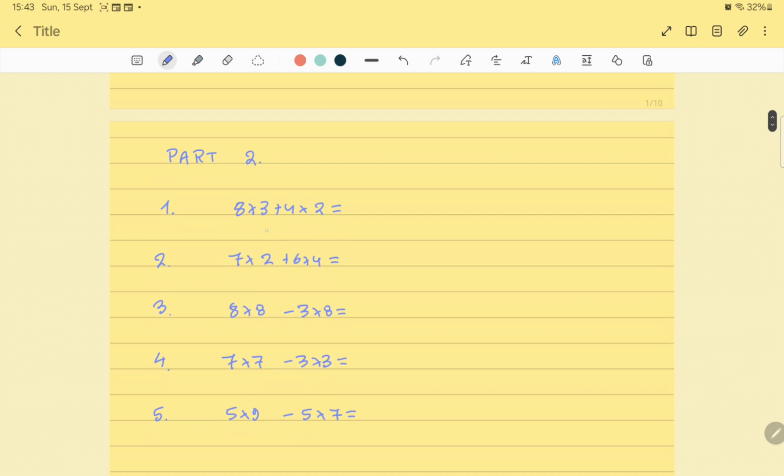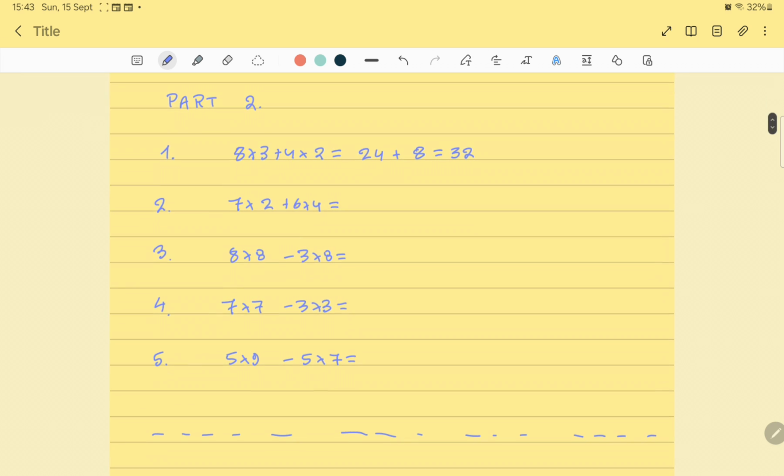For the second part we have 2 multiplications and 1 addition. So first we do the multiplications and then we add the numbers.